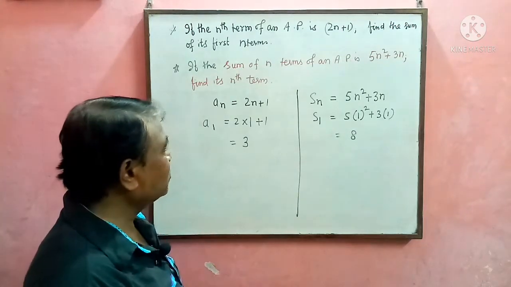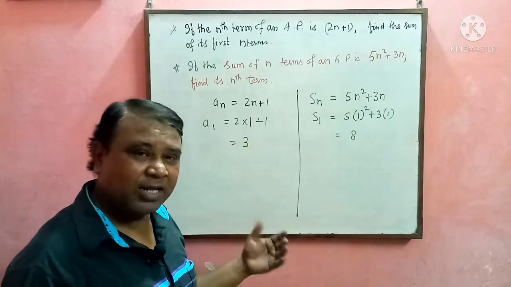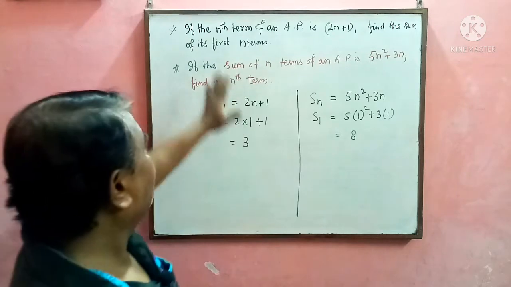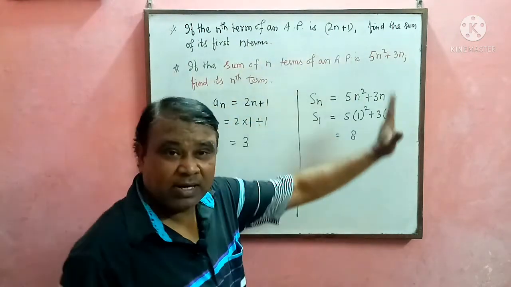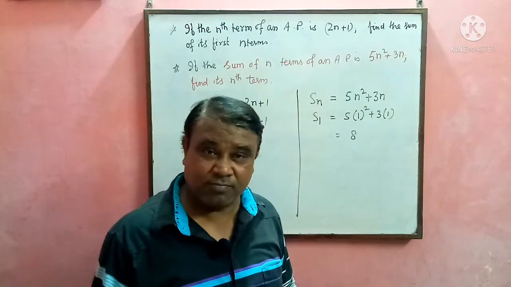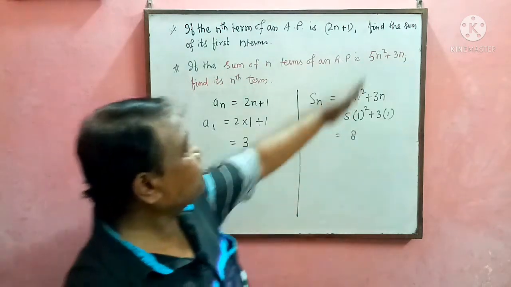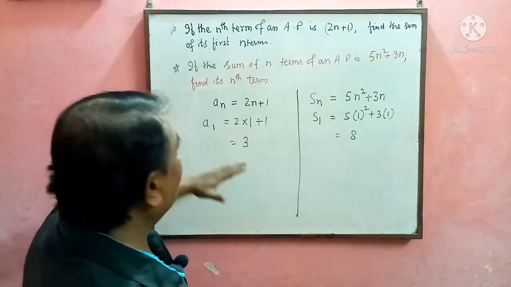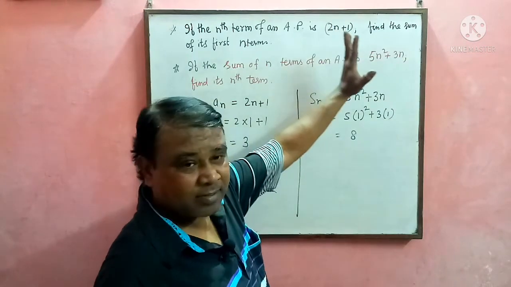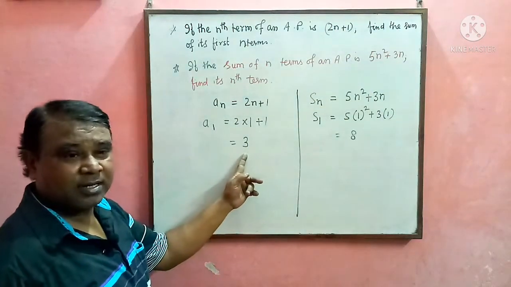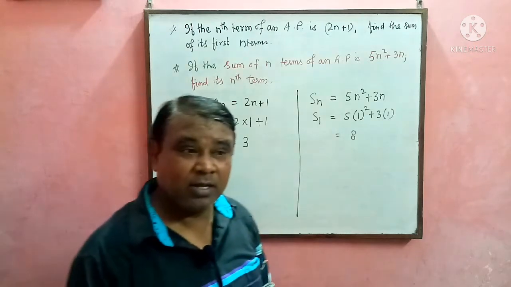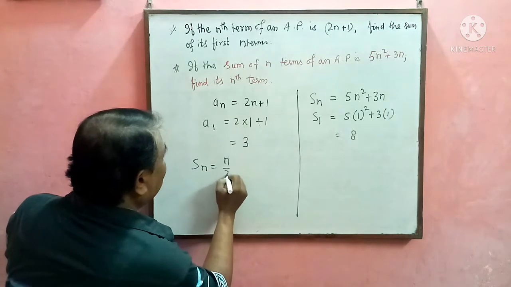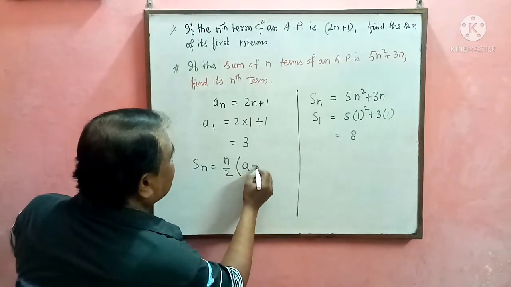Without going for any solution, we can easily find out how. You see, we are given the nth term, so definitely we will be asked to find the sum of n terms. If we are asked to find the sum of the first n terms, we know the nth term is here, and the first term is also with us, and we have a formula: Sn is equal to n upon 2 into first term plus last term.